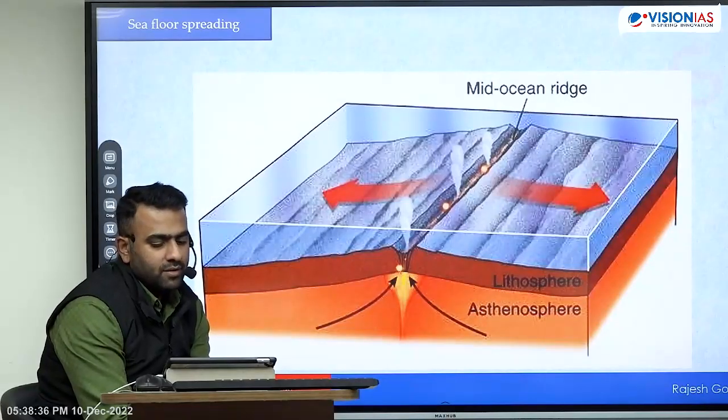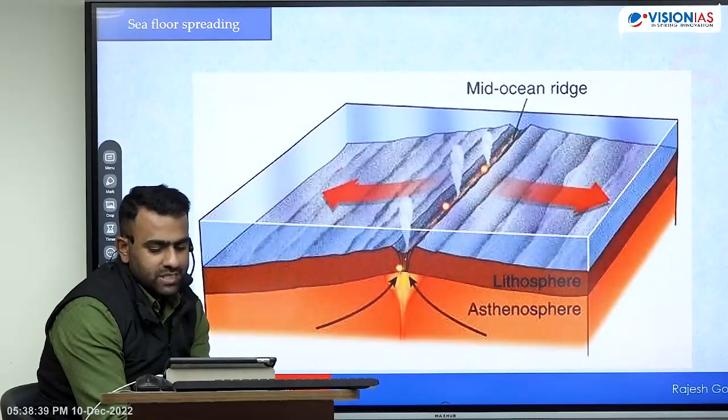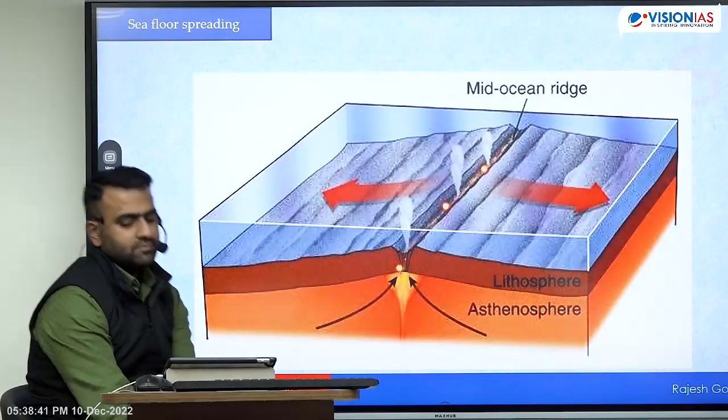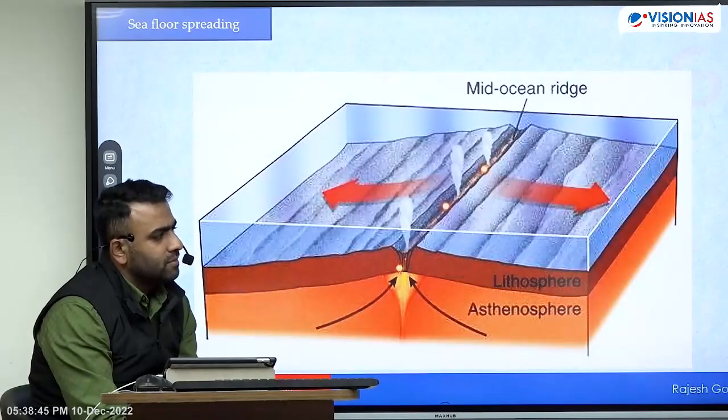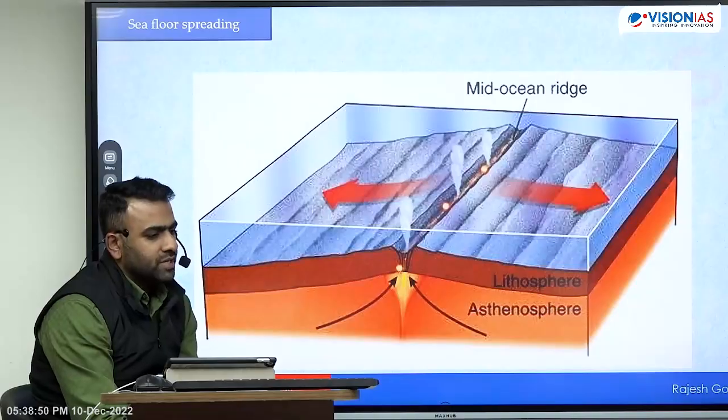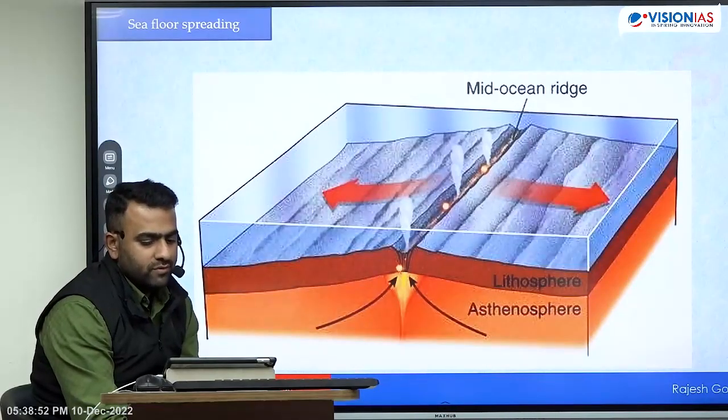First point, presence of mid-oceanic ridges along the sea floor.